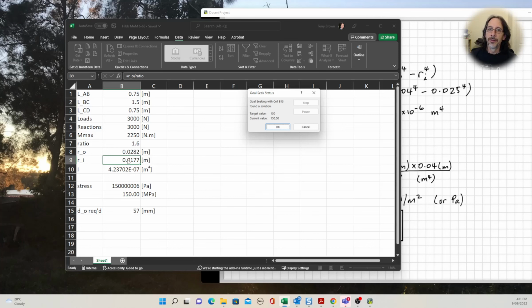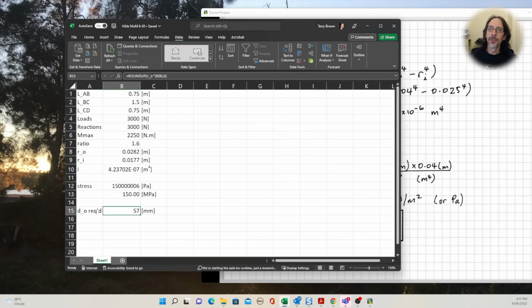And here I've just multiplied that by 2000 to get it into millimeters as an outer diameter. Normally when we're specifying the size of a shaft like this, we'd specify diameter rather than a radius. So that's why I asked for diameter rather than radius here. So that's how you change the problem.